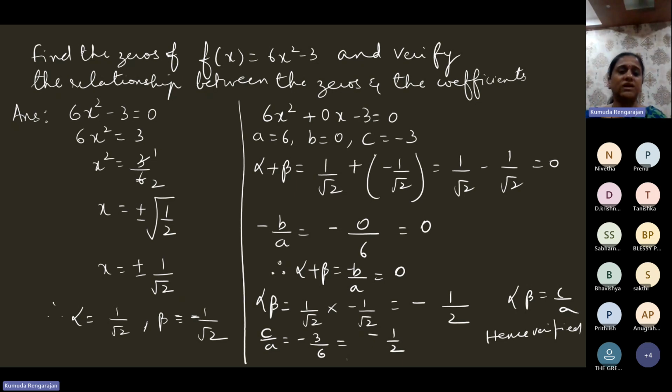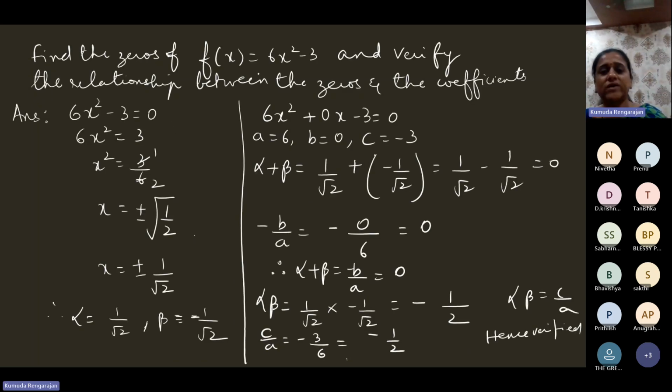So this is the case where you have the x square term and the constant. You can work like this to find the value of x. Supposing, for example, your f of x is equal to x square minus 4x.